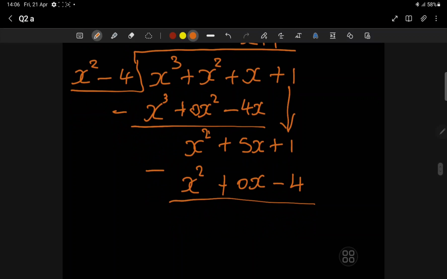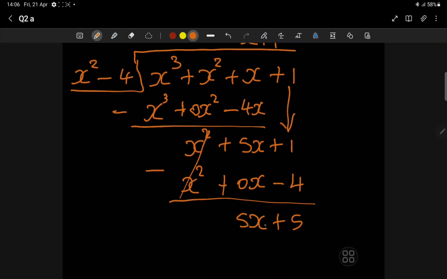So this is a 0. 5x minus 0 will just be 5x. Then 1 minus -4, so it will be 1 plus 4, which is 5 there. So now x squared cannot go into 5x, so we've gotten rid of the aspect of the numerator having a greater exponent than the denominator.